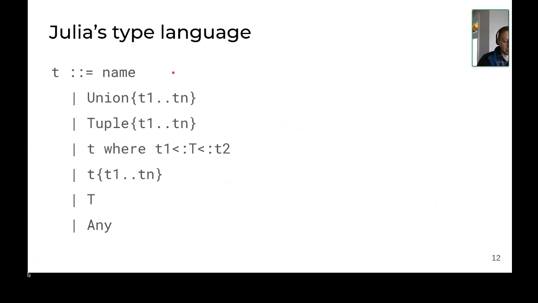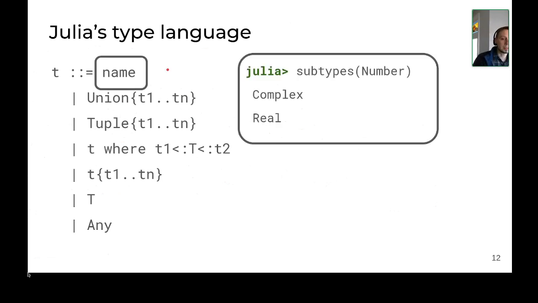Julia has a rather rich type language for a dynamic language. We have already seen nominal types, so types like ints and floats and vectors. For those, it's easy to find subtypes.